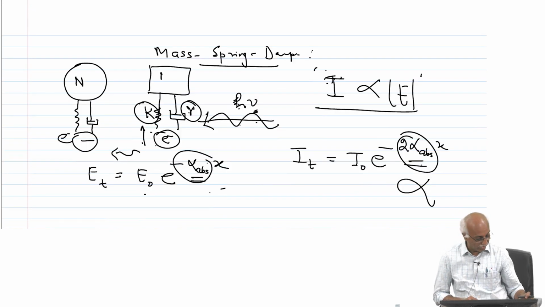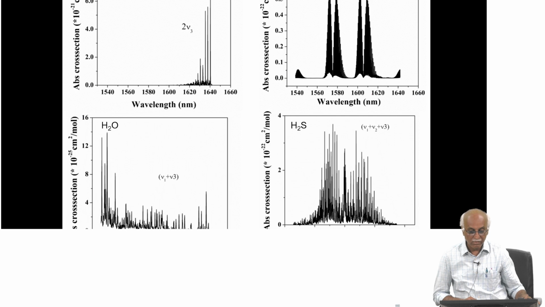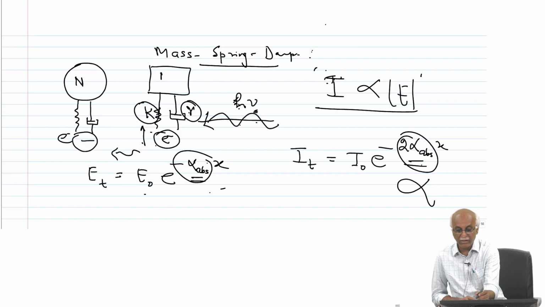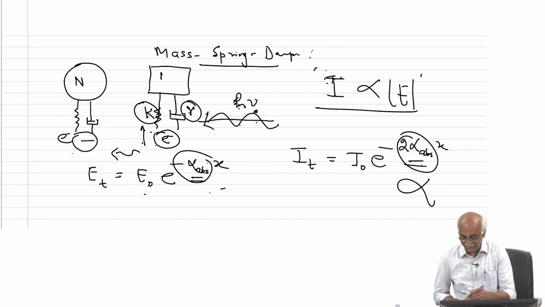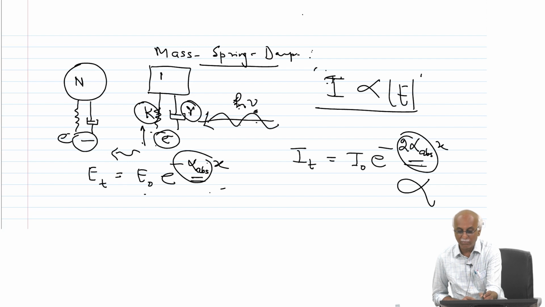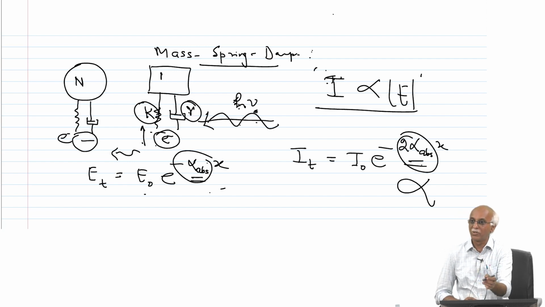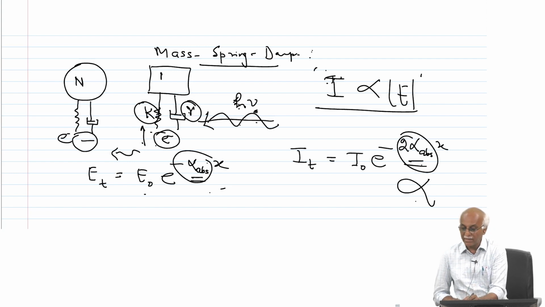Okay, we wrote, where is it? I equals I0 exponent of minus alpha x, this is the Beer-Lambert equation, and alpha is nothing but this alpha.